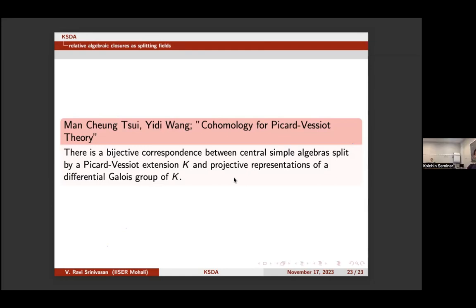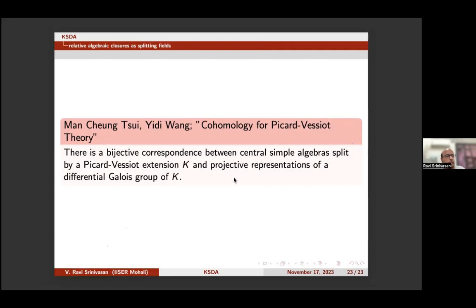Yes, about this result. So you mean that for each central simple algebra split, you get a representation, or what exactly is the bijection between? I think the bijection is between, see, you are given a Picard-Vessiot extension and therefore a Galois group as well.